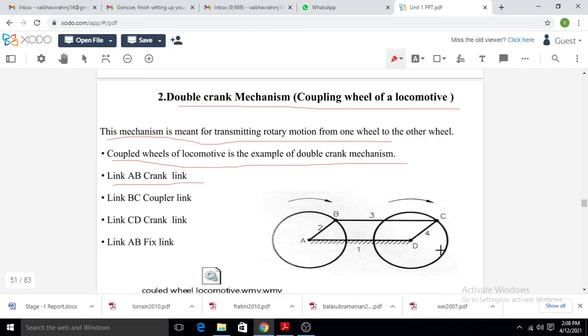Link CD is also called a crank because the length of link AB and the length of link CD are the same, and link AB is a fixed link. In this mechanism, links AB and CD are of equal length and act as cranks.